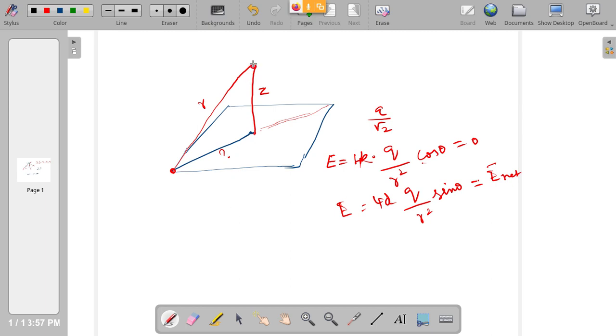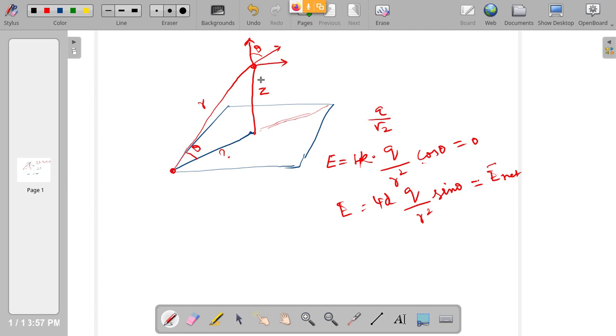See, the angle that the electric field is making here is going to be theta, right? Because we can assume that this angle is theta, therefore this angle is going to be theta, and this is the electric field. So what is the vertical component? Because one component is going to cancel, and the other is going to be there.